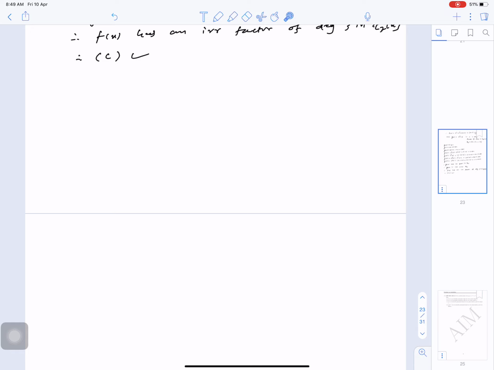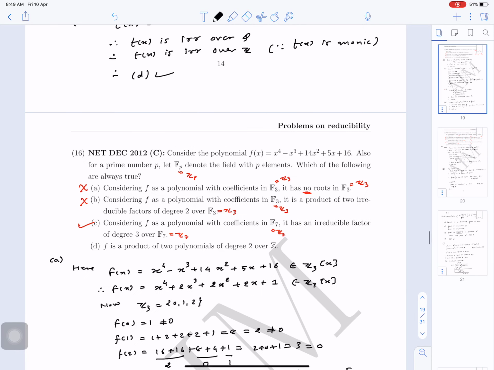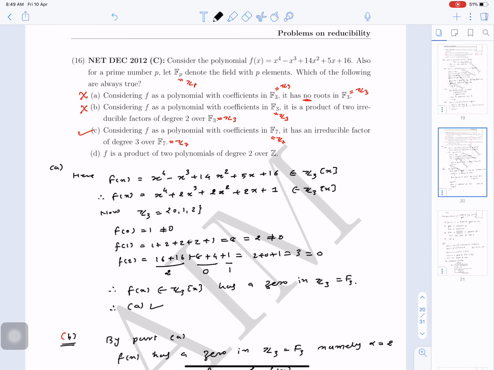Okay, now for option D. In option D, it says that f is a product of two polynomials of degree 2 over Z. So from option C, what we have?